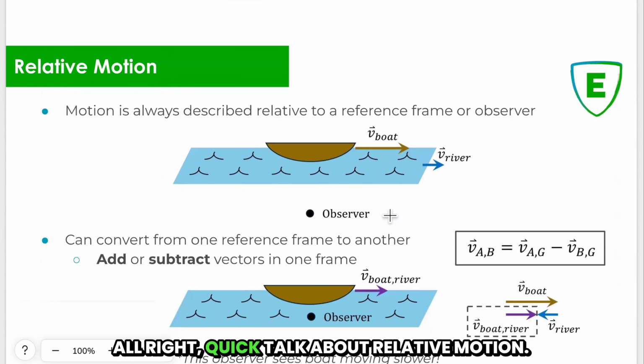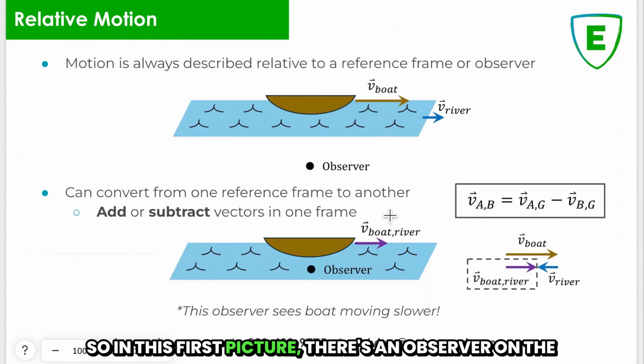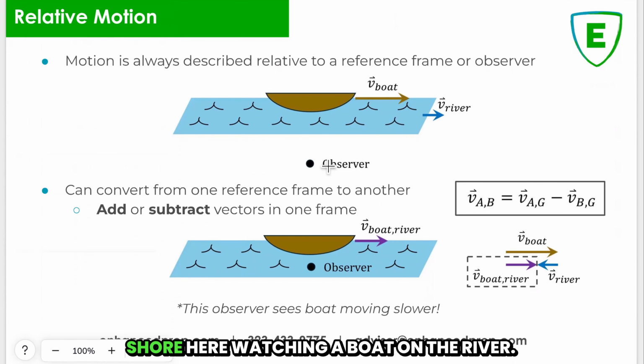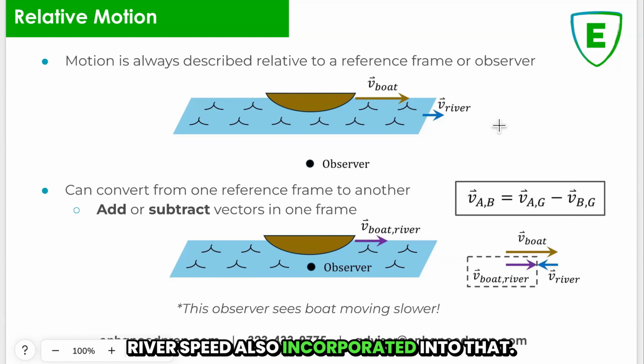All right, quick talk about relative motion. Motion is always described relative to some reference frame. In this first picture, there's an observer on the shore watching a boat on the river. They see the speed of the boat, but the speed of the river also contributes to that. So they're actually seeing the boat go by with the river speed also incorporated into that.